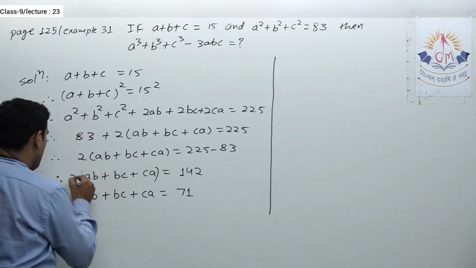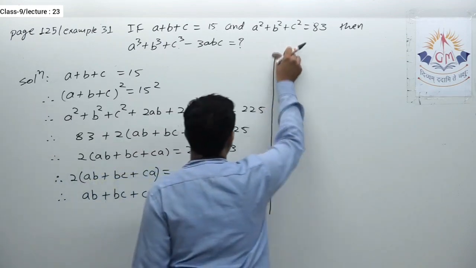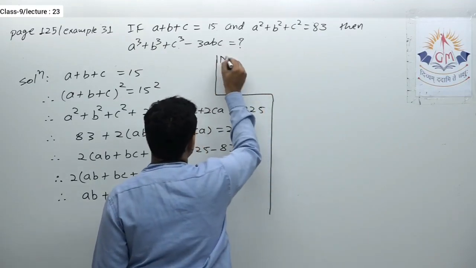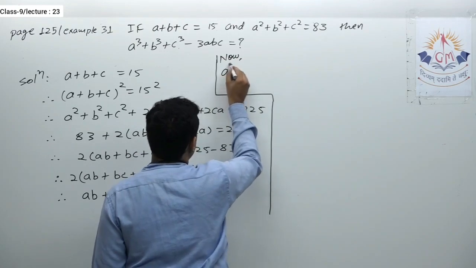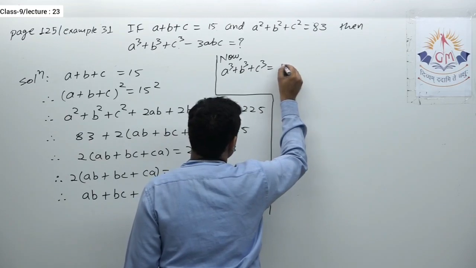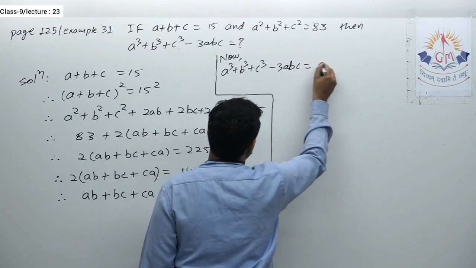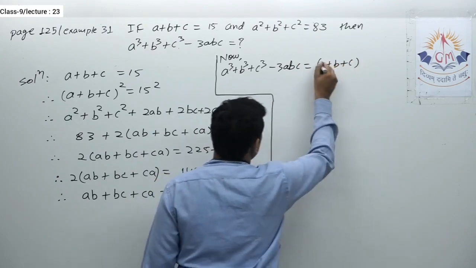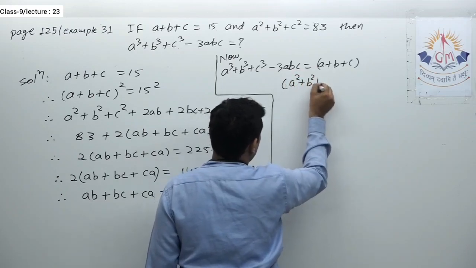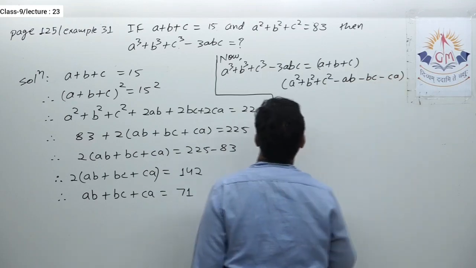Okay, simply you have to put the values in the identity of a cube plus b cube plus c cube minus 3abc is equal to a plus b plus c, then a square plus b square plus c square minus ab minus bc minus ca.